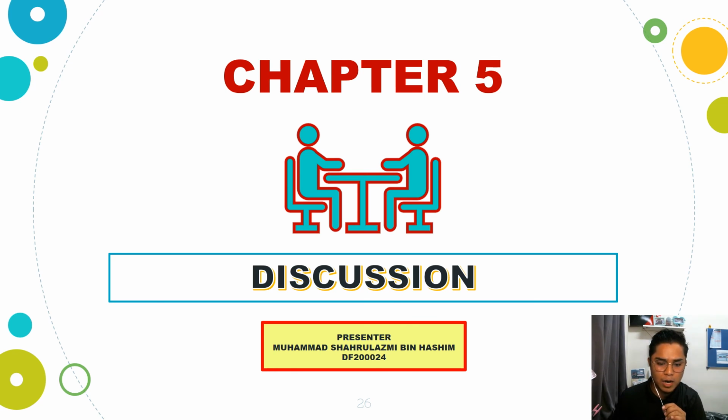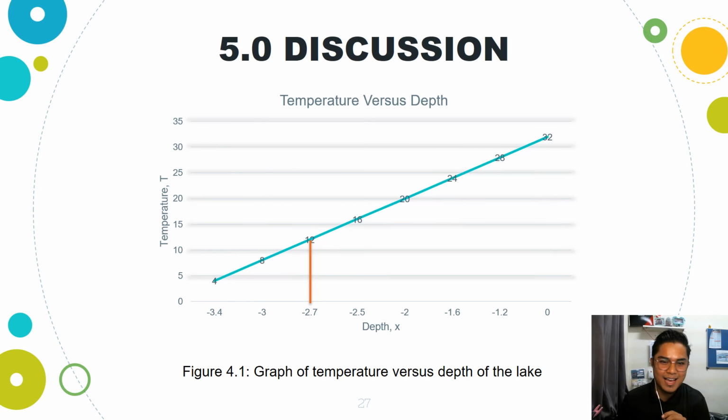Now I will continue our presentation, which is the Chapter 5 discussion. As you can see on the slide, this is a graph of temperature versus depth of the lake. The graph is plotted to find the thermocline depth. Once the depth has been determined based on the graph, the function of the thermocline depth can be estimated using the natural cubic spline.